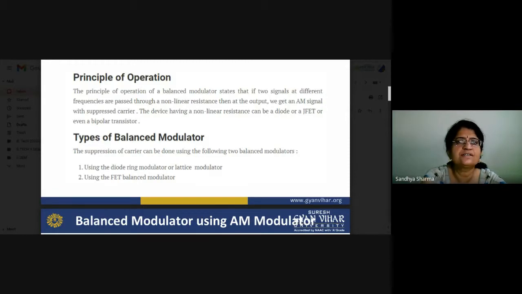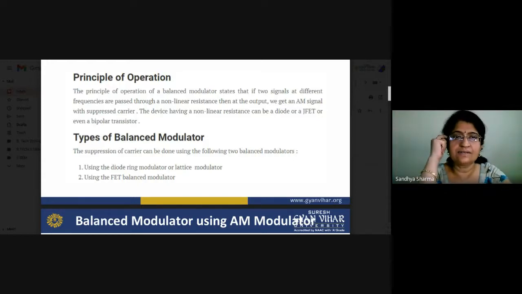There is another method used for generating these signals. If two signals at different frequencies are passed through a non-linear resistance, then at the output we get an AM signal with suppressed carrier, because here we are generating the DSB-SC signals. That is the principle behind the working.